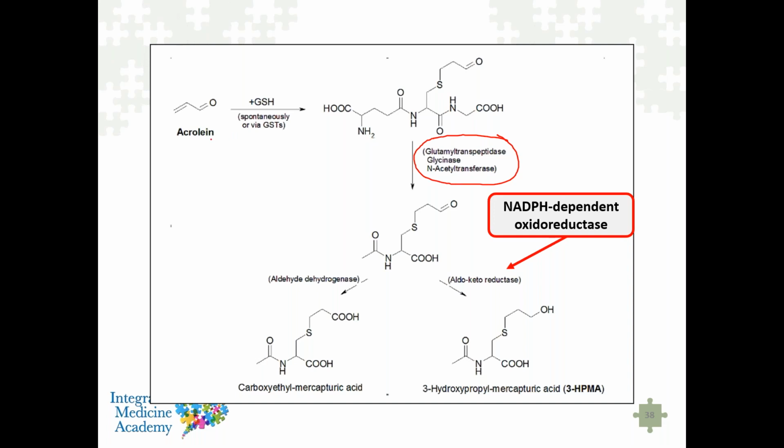So in this process, acrylene is getting metabolized into a couple different compounds. On the GPL tox profile, we're looking at a metabolite called 3-hydroxypropyl mercapturic acid. And we have to have functional enzymes like aldehyde dehydrogenase or aldoketo reductase in order for this reaction to occur appropriately.